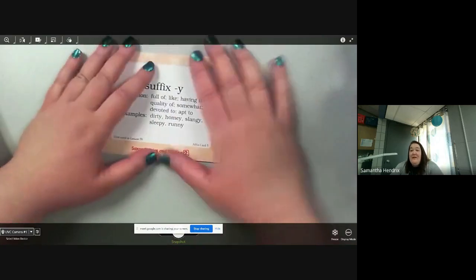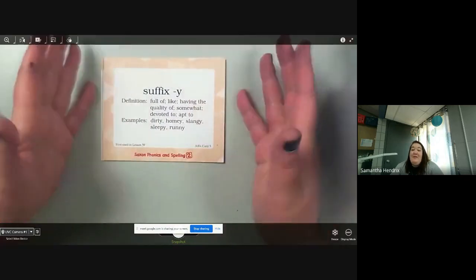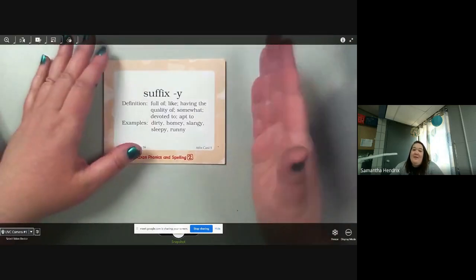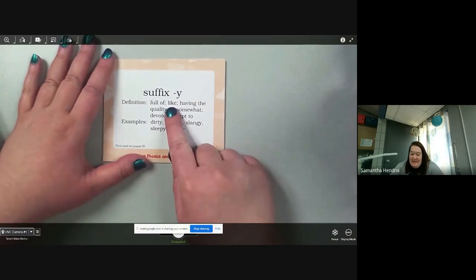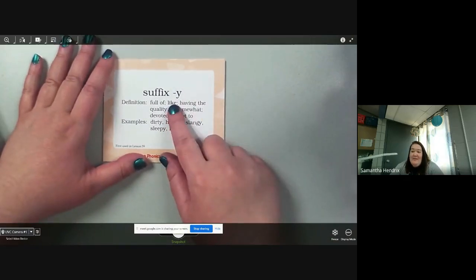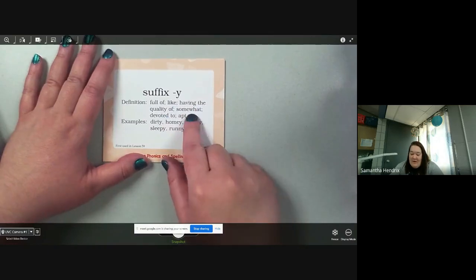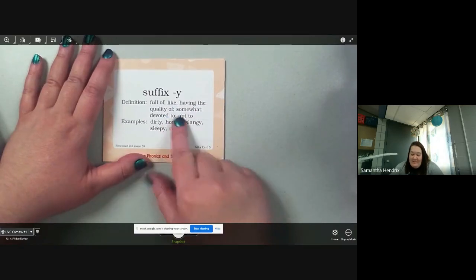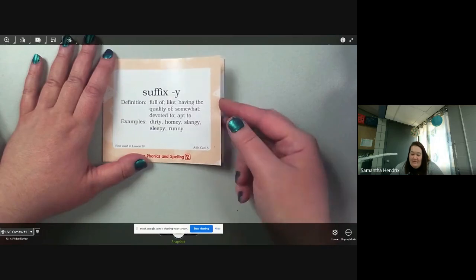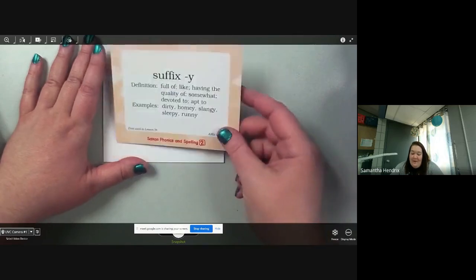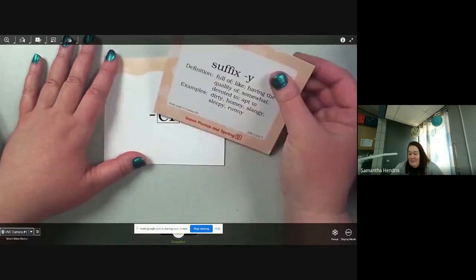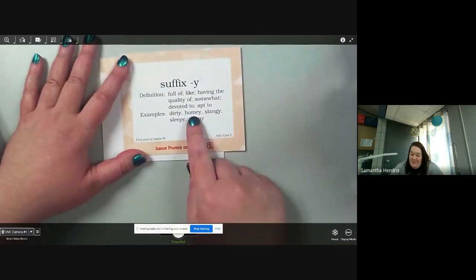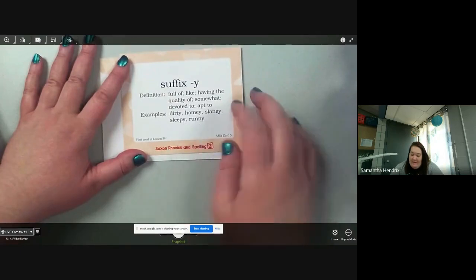So fluffy would mean the pillow is full of fluff. That would be like chilly. It's like chill. Having the quality of, somewhat, devoted to, apt to. Usually in second grade, you're going to see it like full of. So dirty, homey, slangy, sleepy, runny.